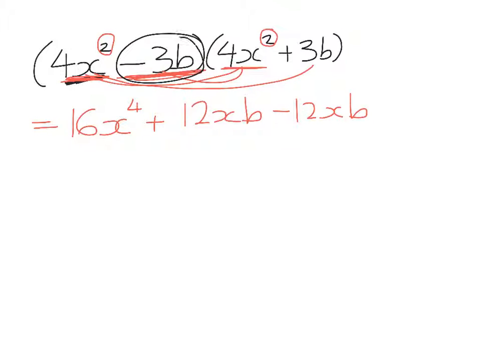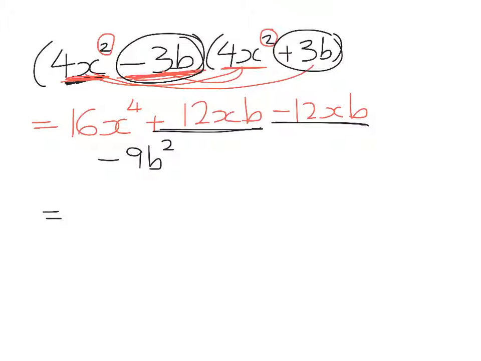Lastly, I'm going to multiply these together, giving me minus 9b squared. And again, the middle terms offset because I've got this difference pattern going on. Right, 4x squared minus 3b times 4x squared plus 3b. So we end up with 16x to the power of 4 minus 9b squared.